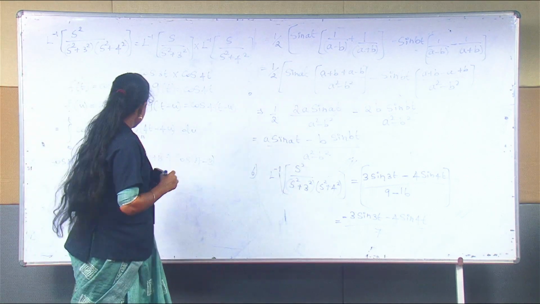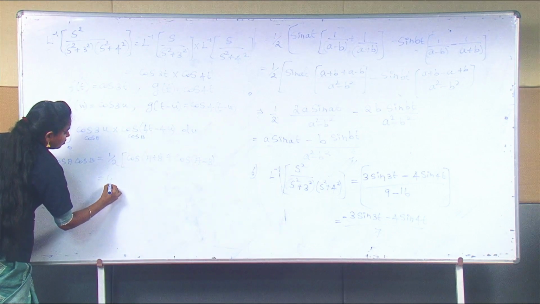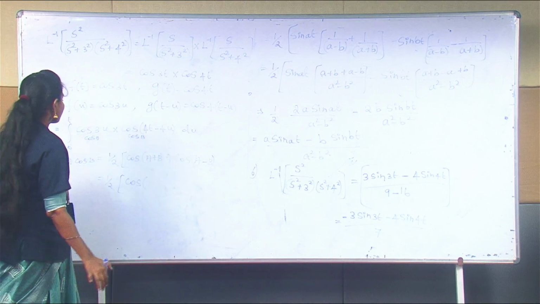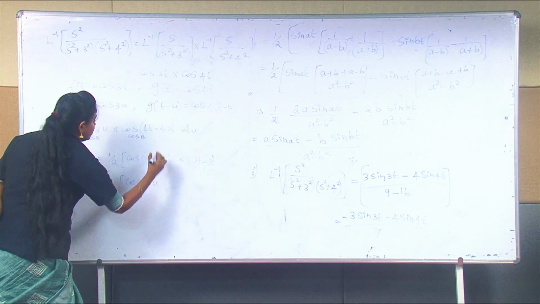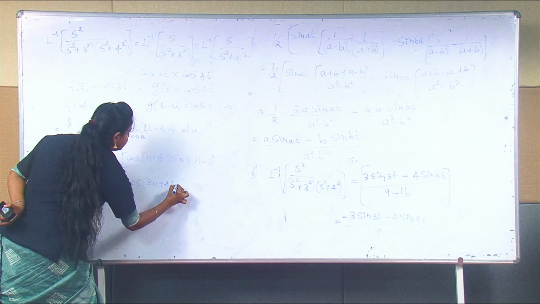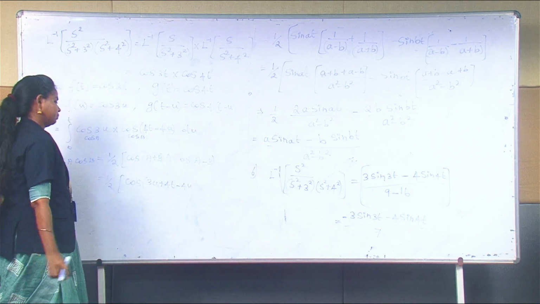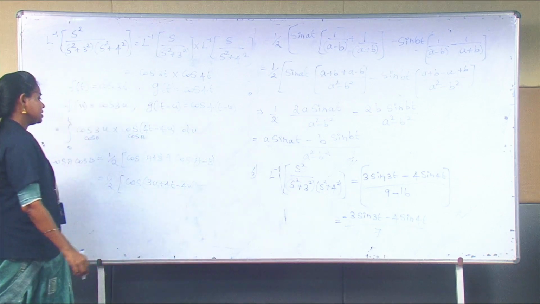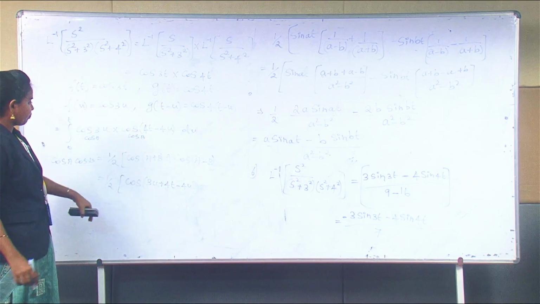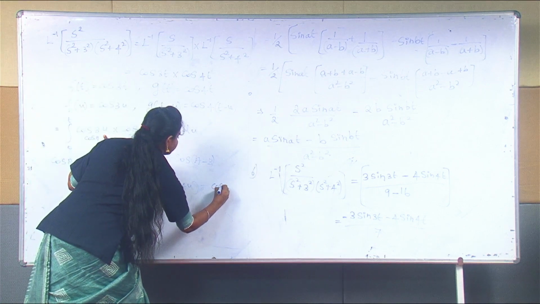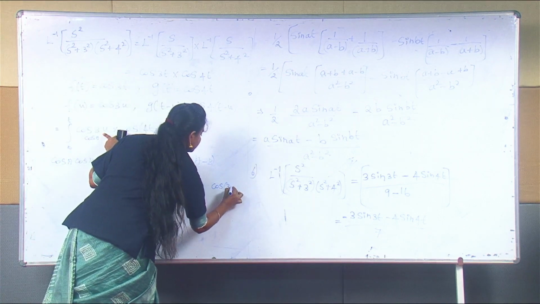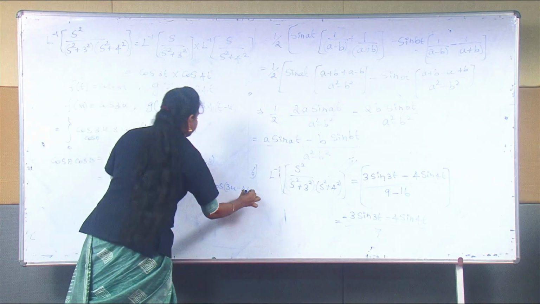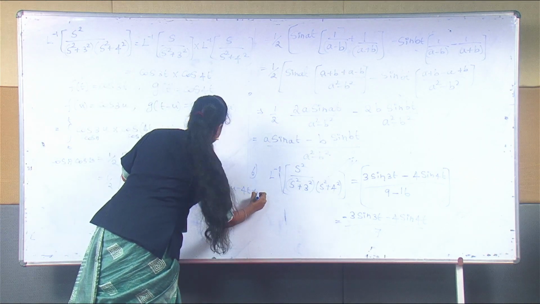So here 1 by 2 into cos of (A is 3u plus 4t minus 4u) plus cos of (A minus B) is cos of (3u minus 4t plus 4u).